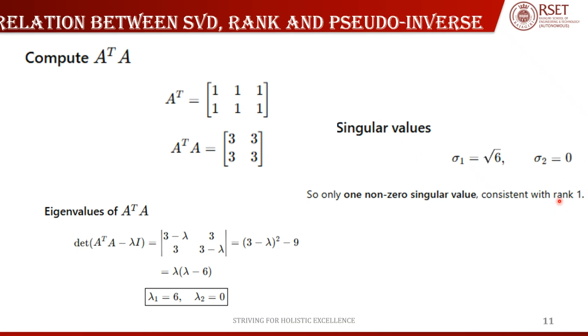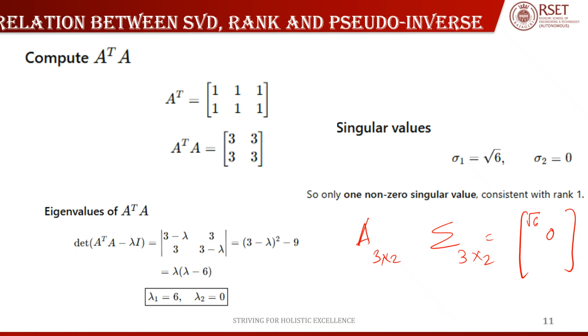Since rank of A is equal to 1, A was a 3 by 2 matrix, so your sigma will be a 3 by 2 matrix. And how will you get the sigma? Since it's 3 by 2, we will write the first singular value root 6, and you'll write 0 in the next.